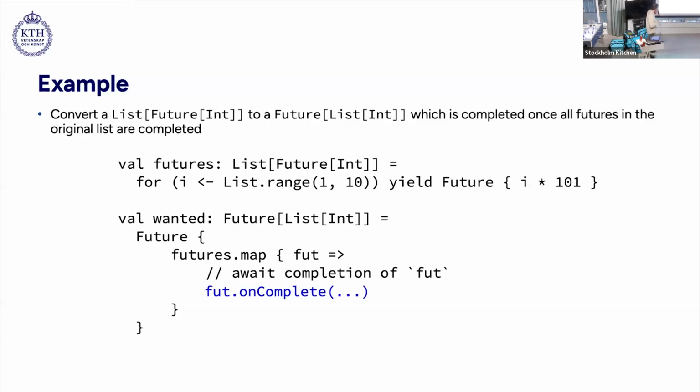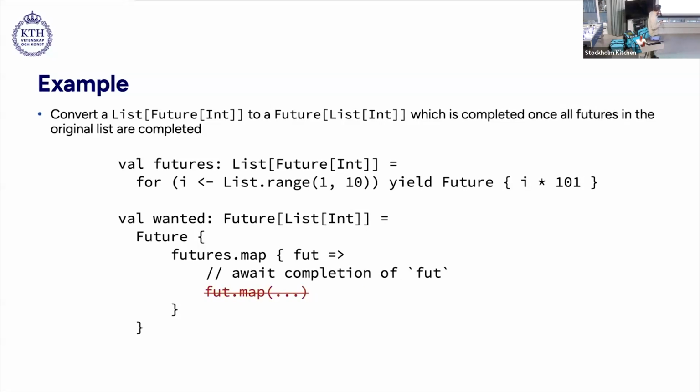Now the problem is that with onComplete, we need to register an event handler which gets invoked once the future completes, but it doesn't actually return the result, right? onComplete has return type Unit, so it doesn't solve the problem. So this is certainly not a solution, right? So now you could think, well, okay, future map, I don't know, is that possible? Well, that will just create another future, right? So it, again, does not give us the result. So this doesn't work either.